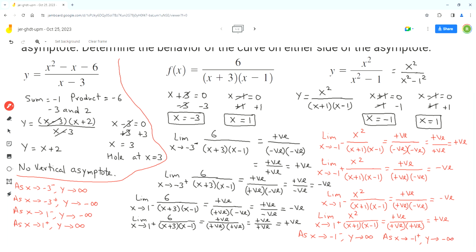Now we can write the conclusion for the other vertical asymptote. As x approaches 1 from the left side, y approaches negative infinity. And then as x approaches 1 from the right side, y approaches positive infinity. So this is the conclusion for the two vertical asymptotes for the third function.